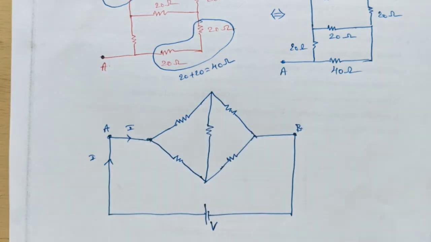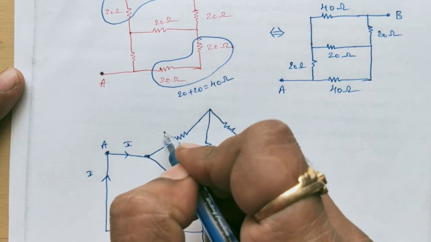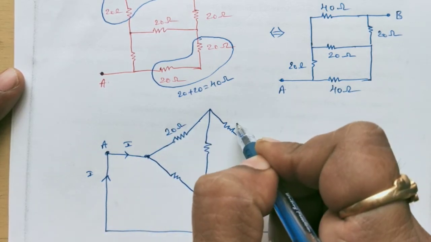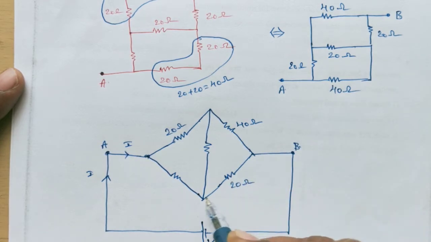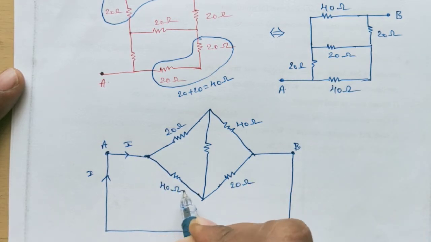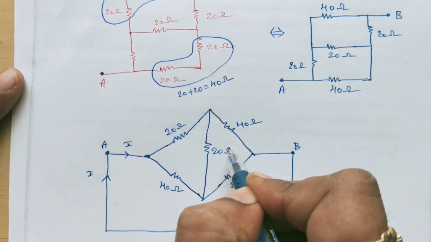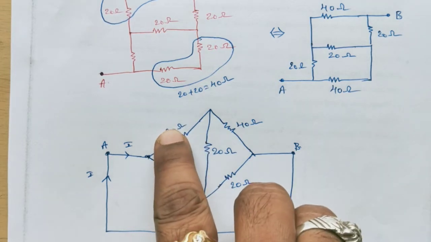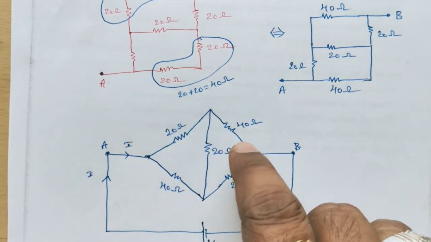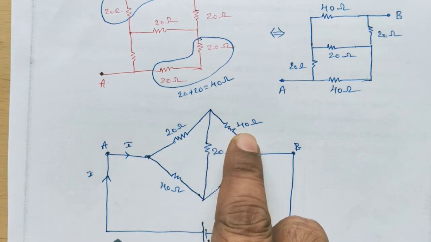Based on the above equivalent circuit, we can arrange like this. Let this one be 20 ohms, this one we take as 40 ohms, this one is 20 ohms, and this one is 40 ohms. This is the middle one, so this value becomes 20 ohms. Students, observe carefully: this acts as P, this acts as Q, this acts as R, and this one acts as S. P by Q is equal to 20 by 40, that is 1 by 2.